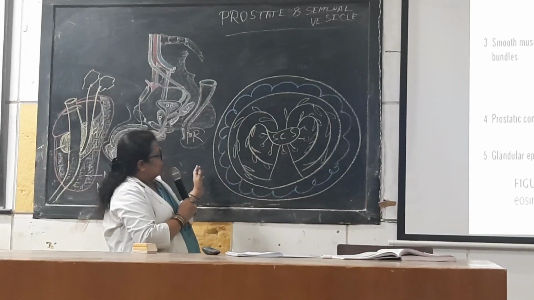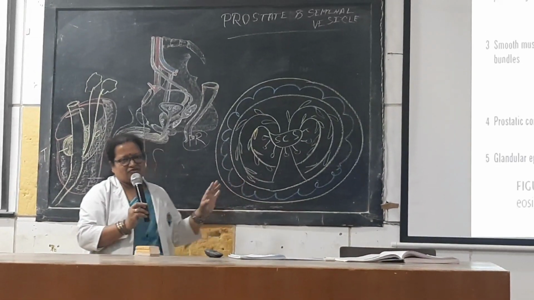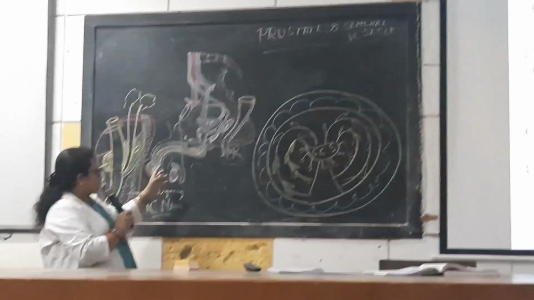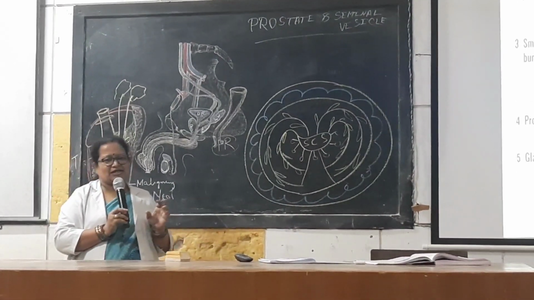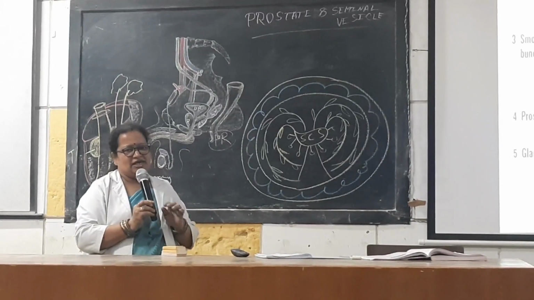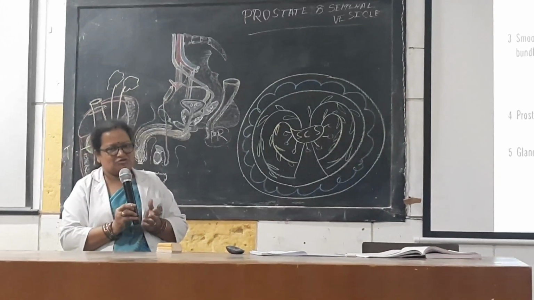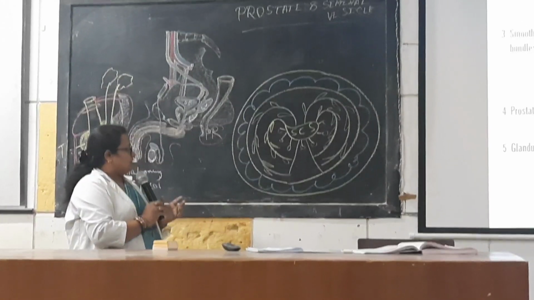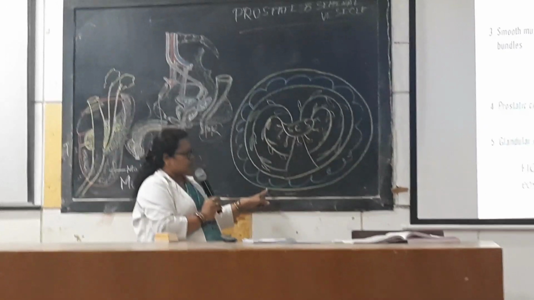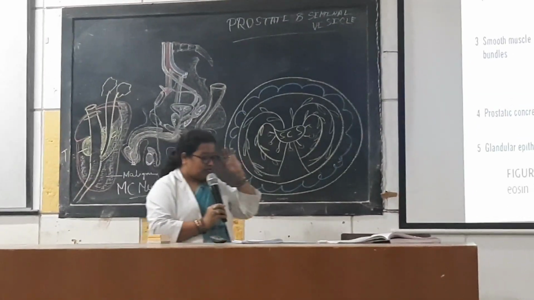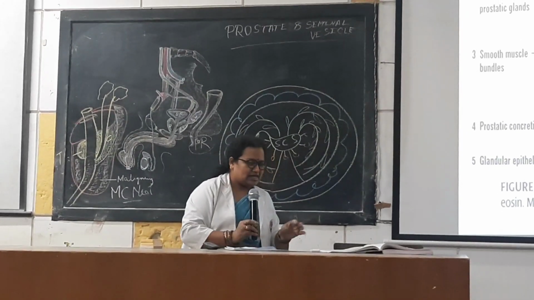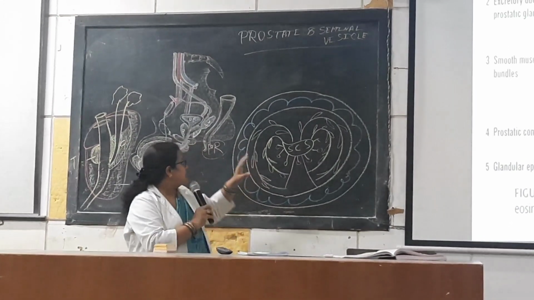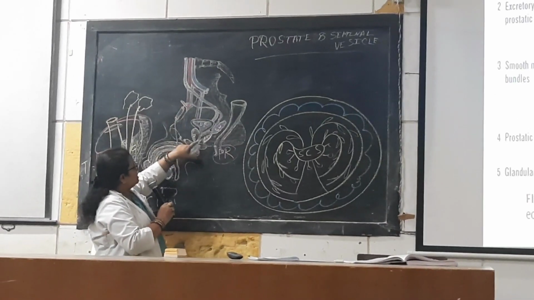The prostate is covered by a true capsule and a false capsule. The true capsule is a condensation of the fibrous stroma and is intimately adherent to the prostate. The false capsule lies outside; it is derived from the pelvic fascia and covers both the urinary bladder and the prostate.